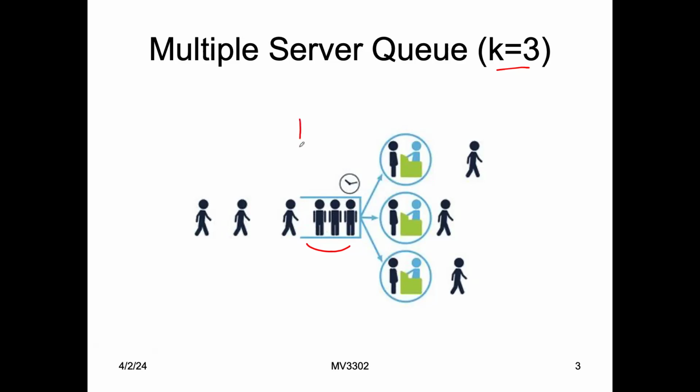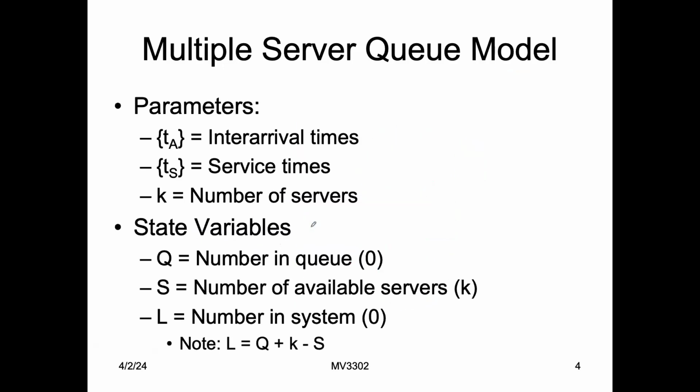Our queuing system only sees this at this point, but our simulation model will actually see this next person coming. And then these would be those inter-arrival times that we talked about yesterday. So this is what it looks like, and from that we can formulate a model.